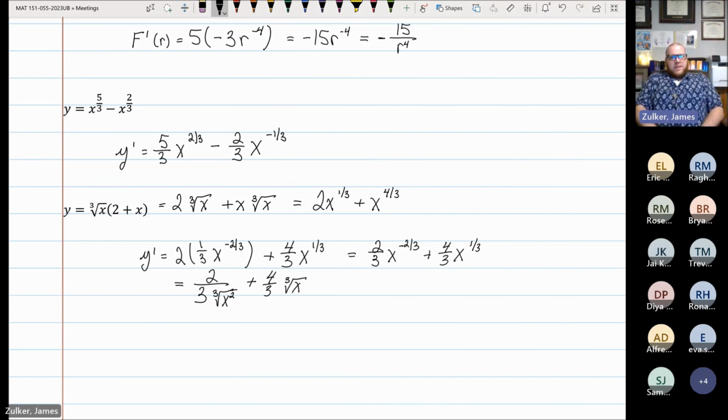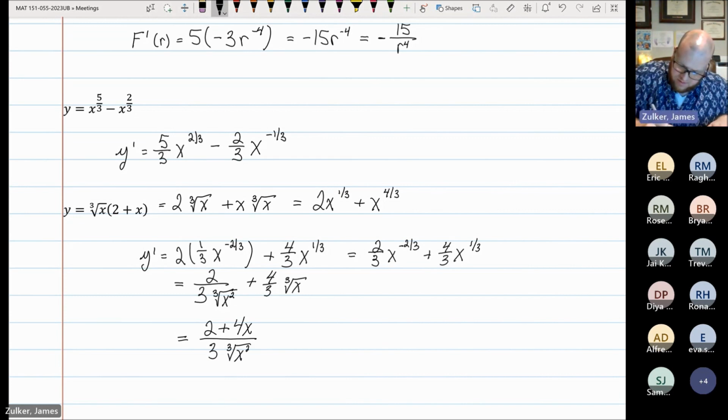Two over 3 cube root of x squared plus 4/3 cube root of x. If we really wanted to, we could write this as a single fraction. It'd be 2 plus 4x all over 3 cube root of x squared.